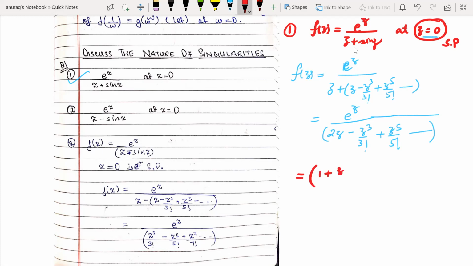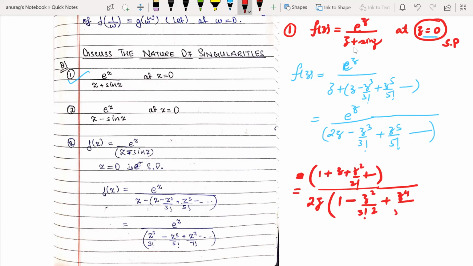Okay. Now, the numerator is 1 plus z square by factorial 2 if we expand e to the power z. And in the denominator, you take 2z outside. So it will become 1 minus z square by factorial 3 into 2 plus z to the power 4 by factorial 5 into 2 and so on.